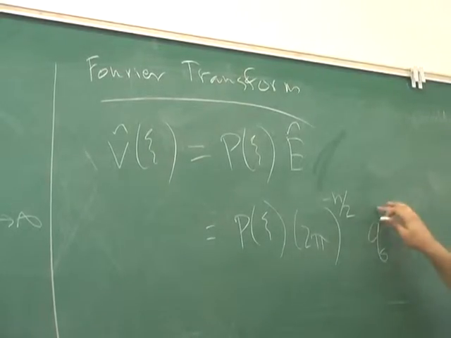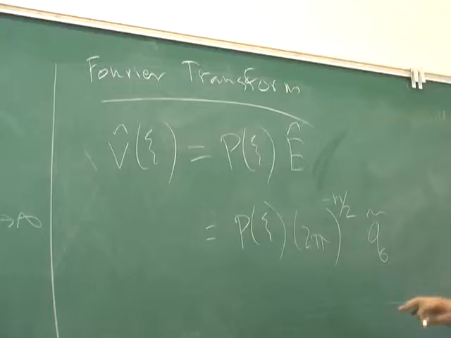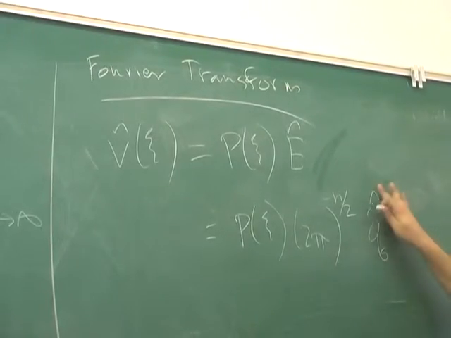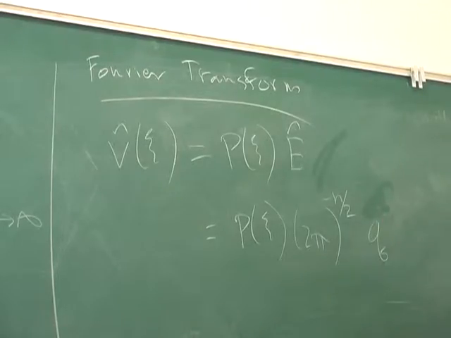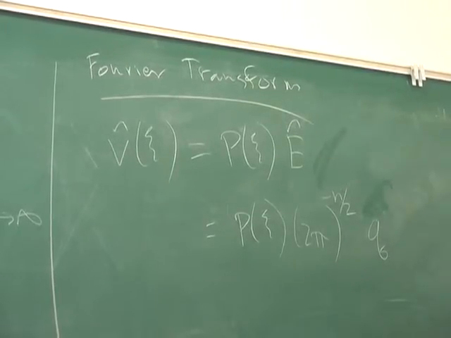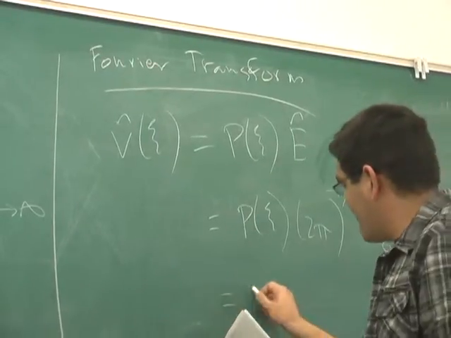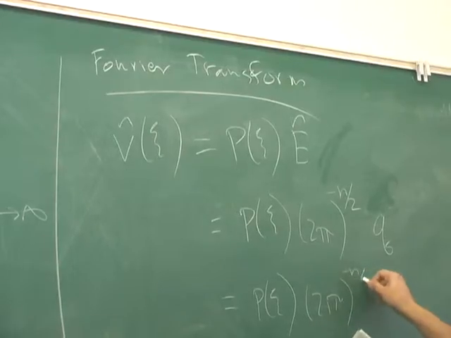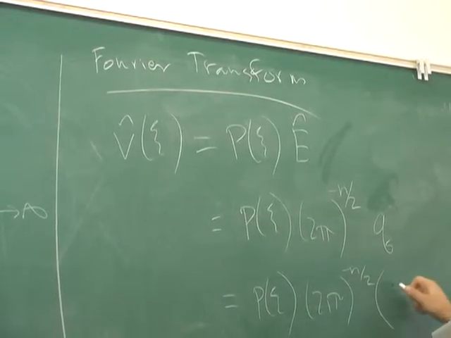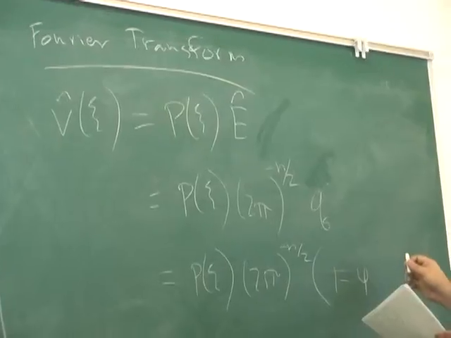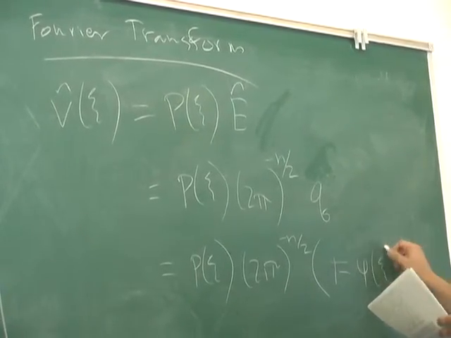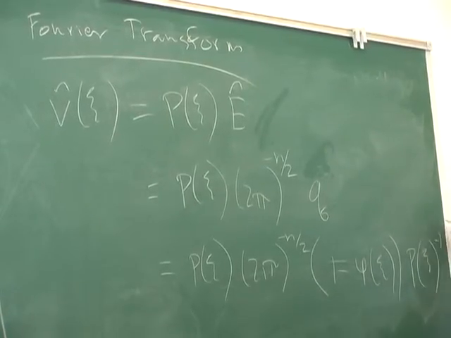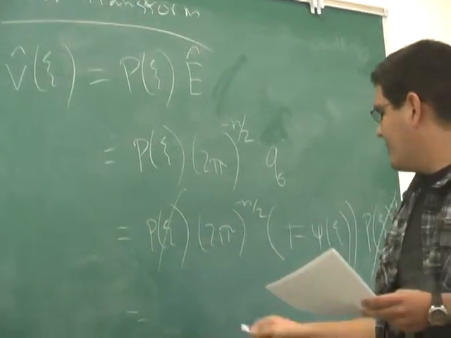E has the tilde, and we have the transform of that, so these two essentially cancel out, and we're left with just Q. Then we're left with a constant, given by 2 pi, and then we have the 1 minus phi. Well, P of xi cancels the other one. Oh yeah, I forgot about that too. So that cancels with that. We're just left with this.